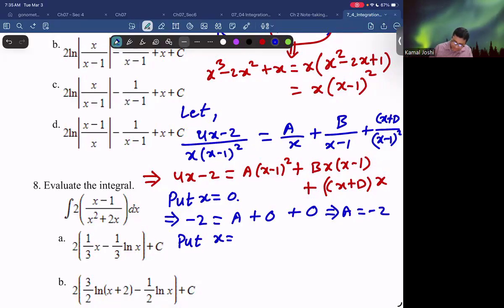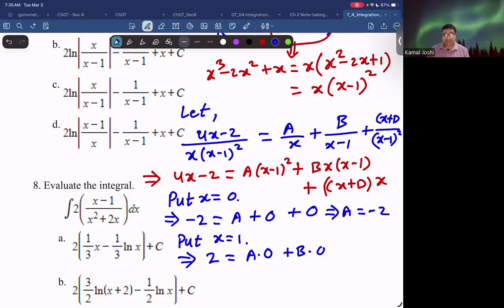You'll put x equal to 1 next, right? And that gives you, if you put 1, 4 minus 2 will be 2 equals, again, a times 0 now, b times 0, because x minus 1 are factors there.